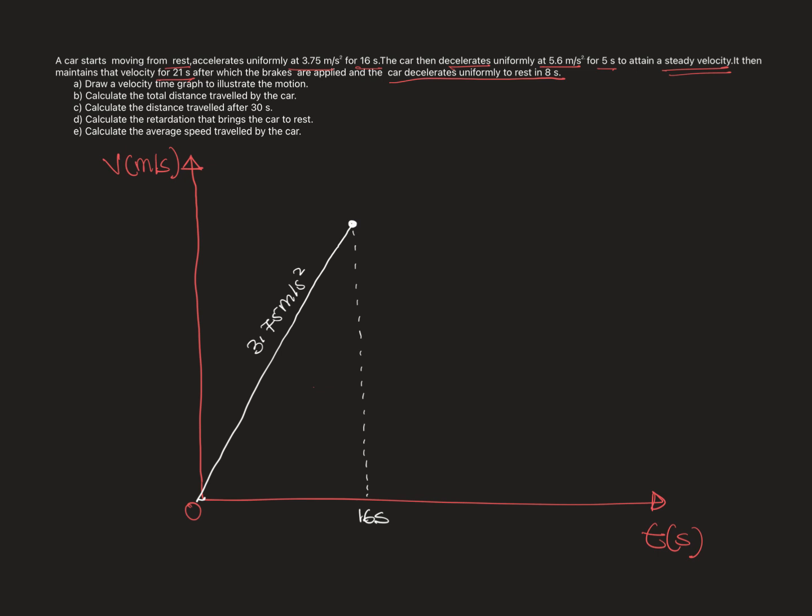Okay, so after the acceleration, the car decelerates uniformly at 5.6 meters per second squared for 5 seconds. Because it is a deceleration, the car's speed has to reduce. So that is why we have to indicate it with a negative slope like this.